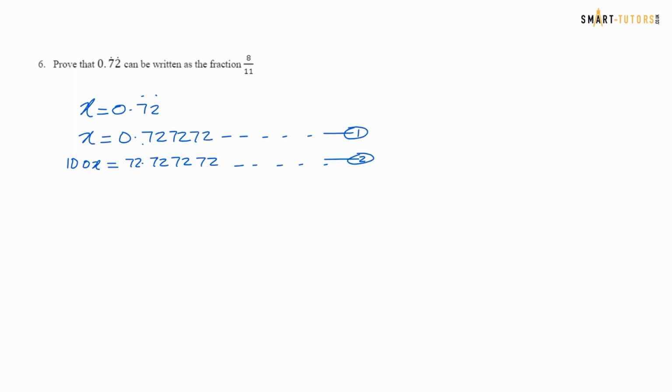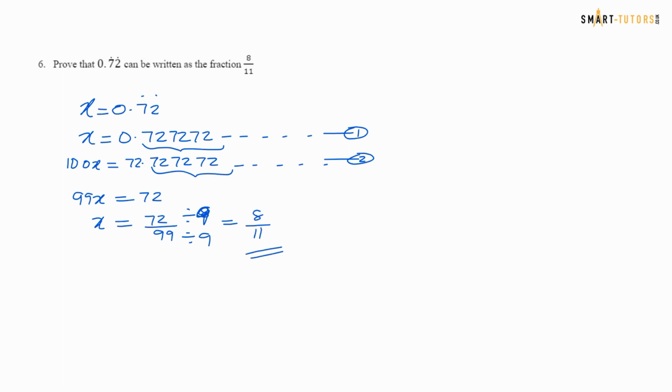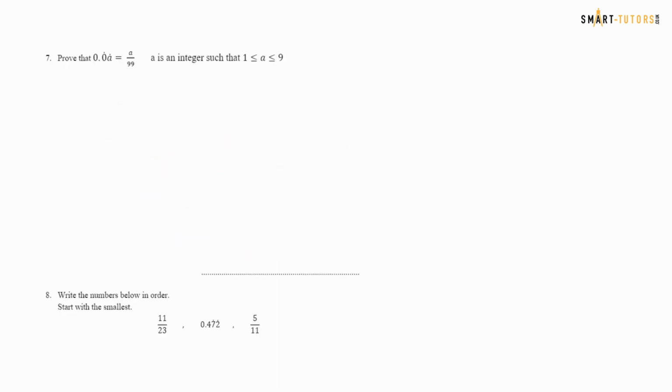Make sure the decimal part is the same. So 99x equals 72. So x equals 72 over 99. If you divide top and bottom by 9, this is going to be 8 over 11. That's what they ask you to prove. That is the answer for question number 6. Answer is 8 over 11.